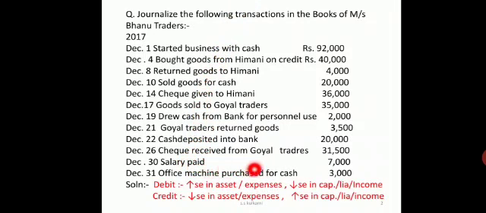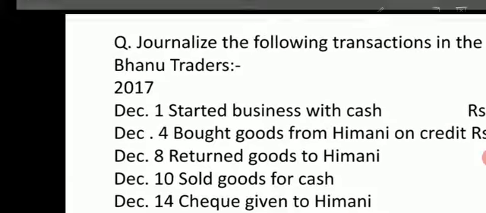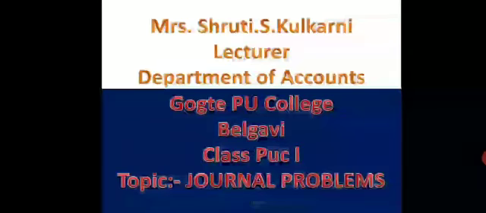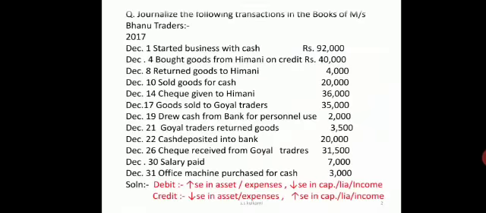Whatever is given in red ink is the rule that is going to be used when we are going to pass the journal entries. The upward arrow shows the increase, whereas the arrow which is showing downward is the decrease.